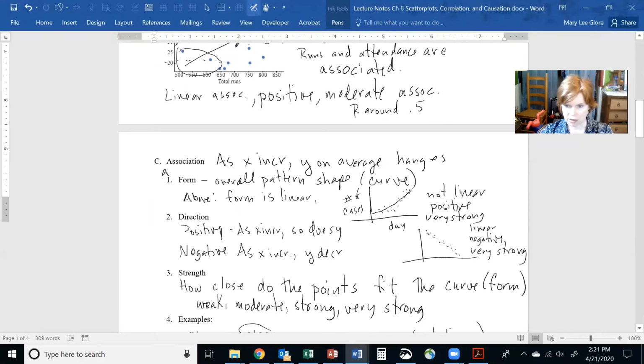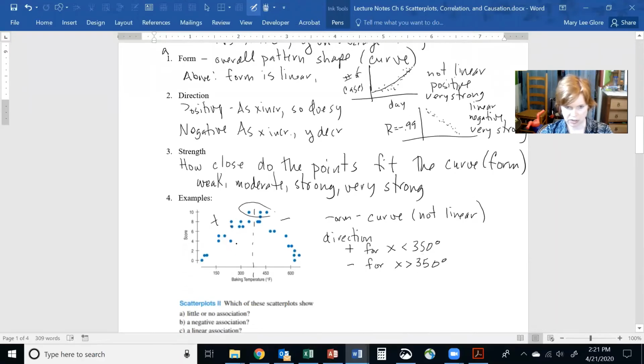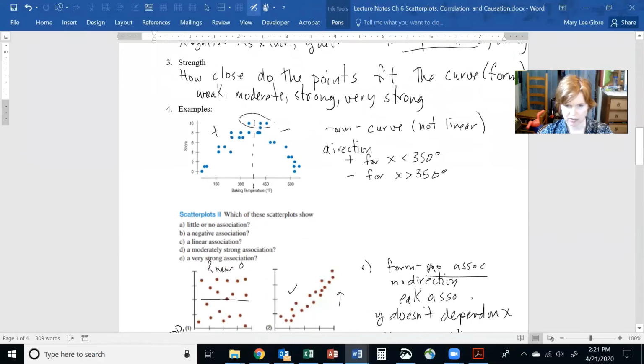Like this guy right here, I would guess that R would be -0.99, because its direction is negative but its magnitude should be almost 1. This is almost an exact straight line. For the curve, it doesn't make sense to calculate R.